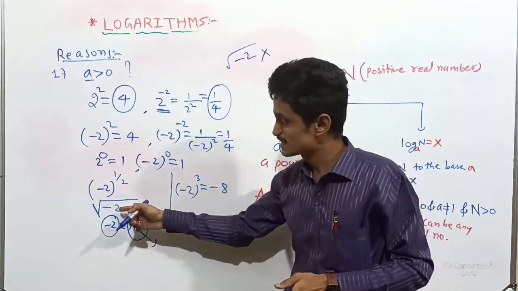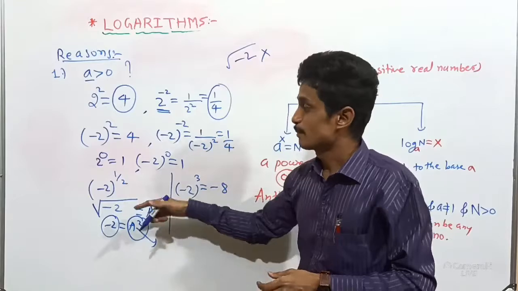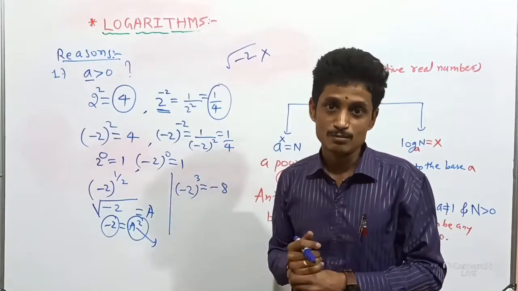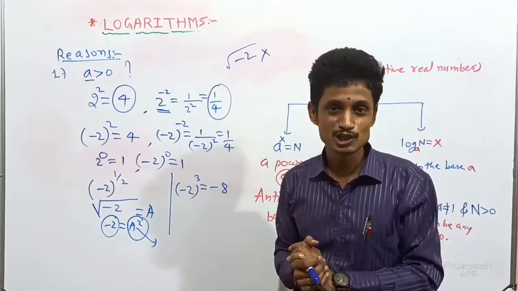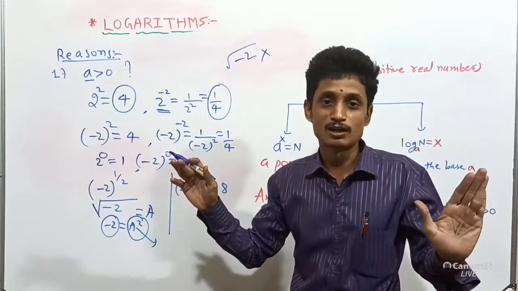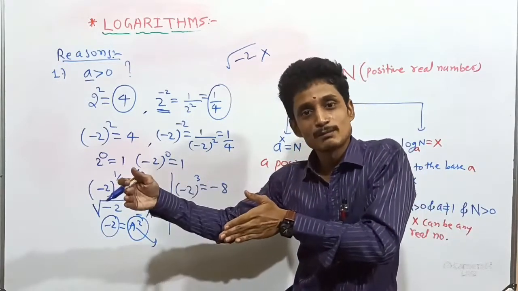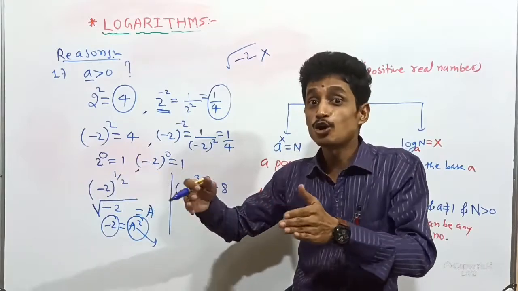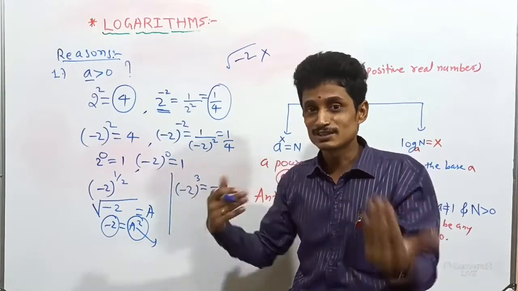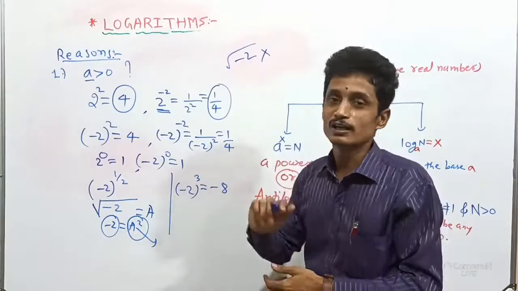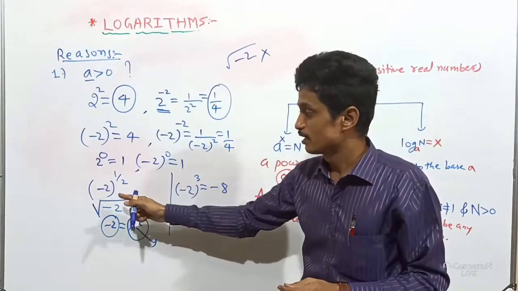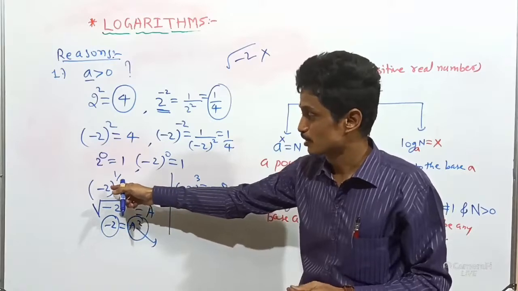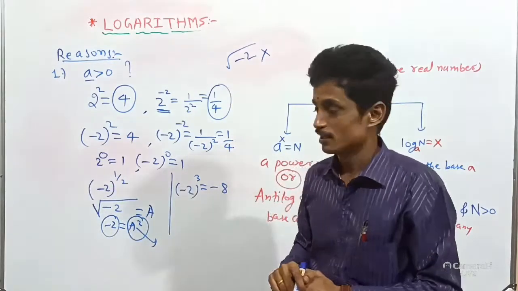That's why we rejected the exponential form for negative numbers. Only a few numbers are possible to represent in exponential form, but not all. But with positive real numbers, all of them we can easily represent in exponential form.